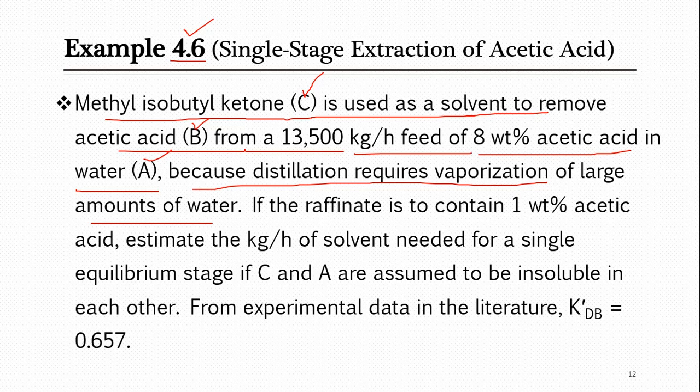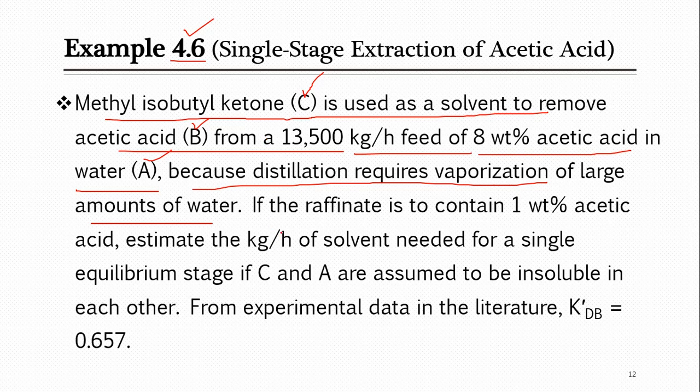So in distillation you have to vaporize water, because water is the lighter component compared to acetic acid. You would be heating it and separating it from acetic acid. That is a very expensive process that requires a very large amount of heat. So we don't go for that, we go for liquid extraction.